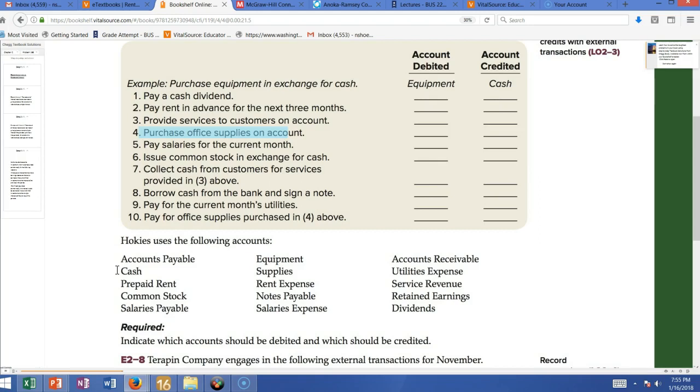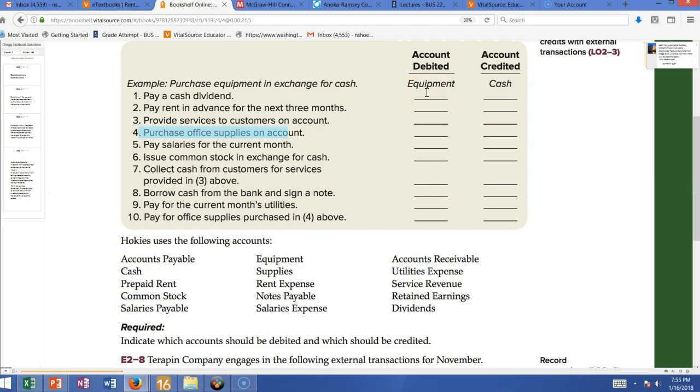It's a debit balance. So what do we do to reduce cash? We credit it. So for number one, to pay a cash dividend, we credit cash, and the normal balance of dividend accounts is a debit. When we increase dividends, we debit them.